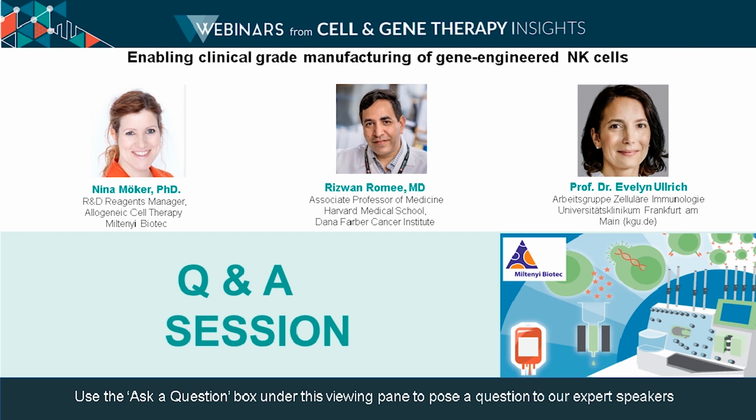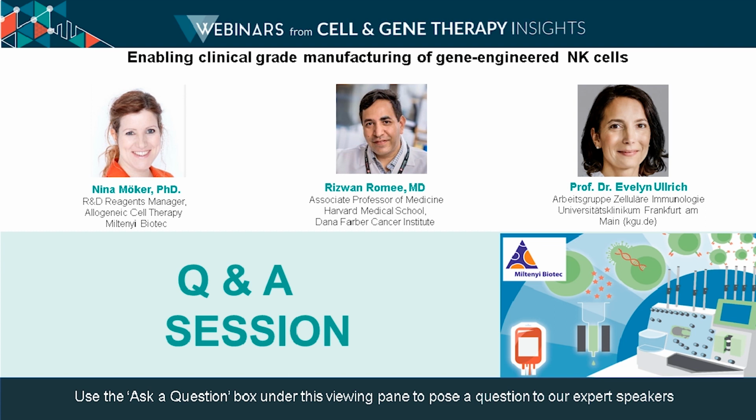Thanks, Rizwan. Evelyn, anything to add there? I would like to add that we should really focus on the benefit for the patients. CD19 CAR T cell products work really great, but it happens that the generation of autologous CAR products fails because patients are heavily pre-treated and the immune cells don't expand as expected and as needed.